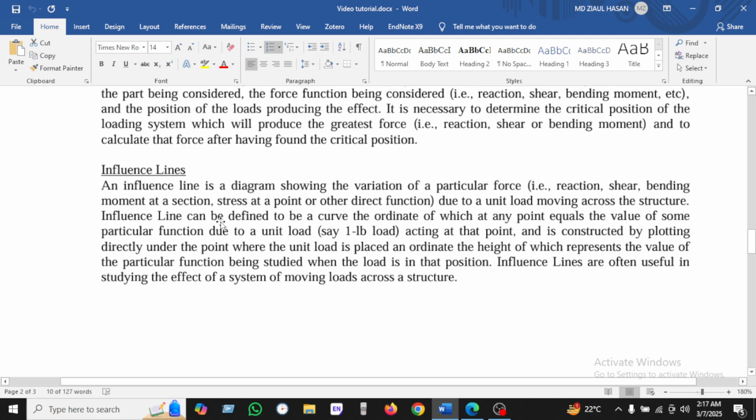Influence line can be defined as a curve, each ordinate of which equals the value of some particular function due to a unit load, say 1 unit load, acting at that point. It is constructed by plotting directly under the point where the unit load is placed an ordinate height which represents the value of the particular function being studied when the load is at that position. An influence line is often useful for studying the effect of a system of moving load across a structure.